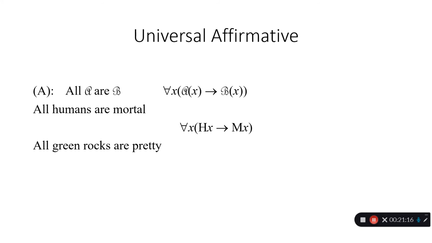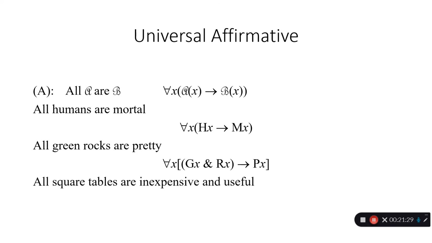So that's going to be a more complicated expression. For all x, if x is a green rock, that is, if it's green and a rock, then it is pretty. And finally, we can make the right-hand side more complicated also. All square tables are inexpensive and useful. So we have for all x, if Sx and Tx, if something is square and it is a table, then it is inexpensive and it is useful.